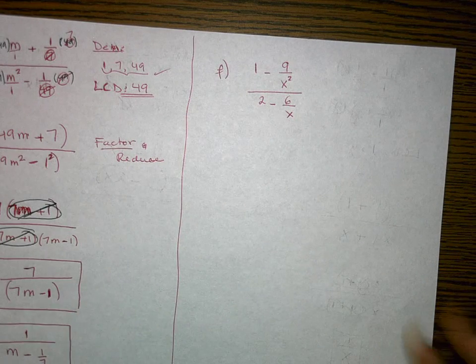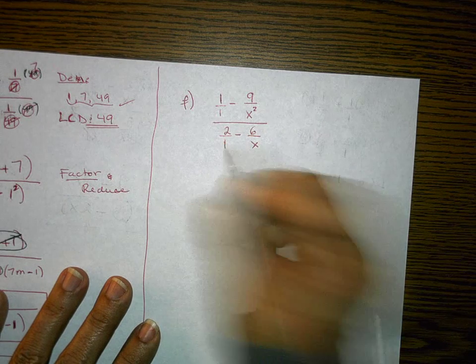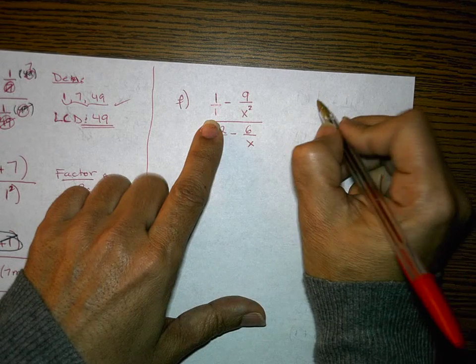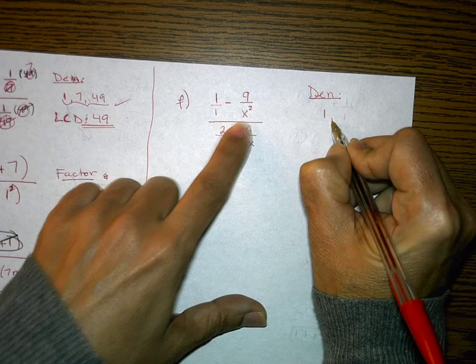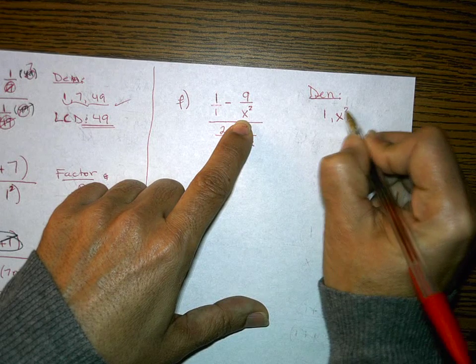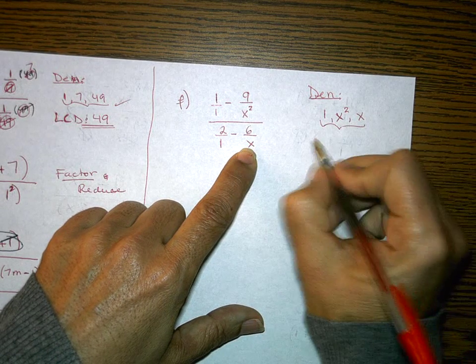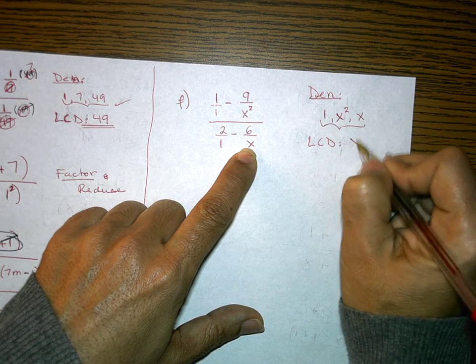Let's take a look at the denominators that we have here, because that's what we want to get rid of. I like to see my 1s here, even though it doesn't make any difference. So the denominators are, we have a 1, we have an x squared, and we have an x. The least common denominator that I'm going to use for all this is an x squared.